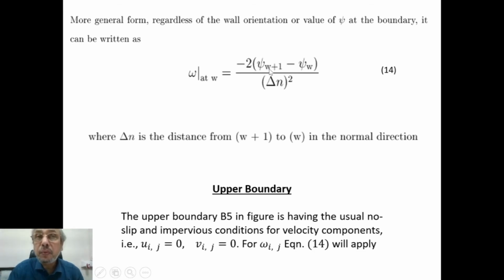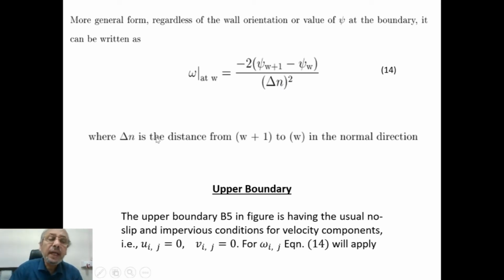That means if the wall point is considered as the no slip boundary, then psi_w+1 minus psi_w by delta n square, where n is the normal distance from the point on the wall to the immediate neighboring point.